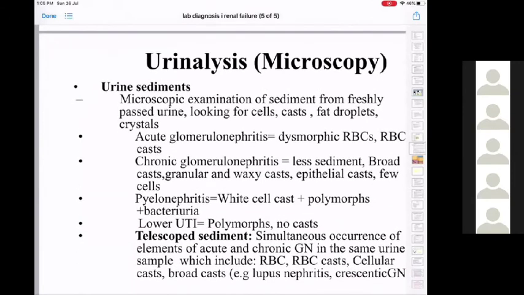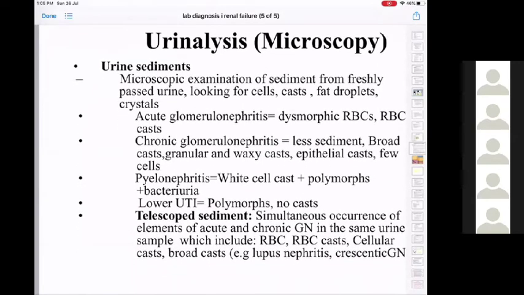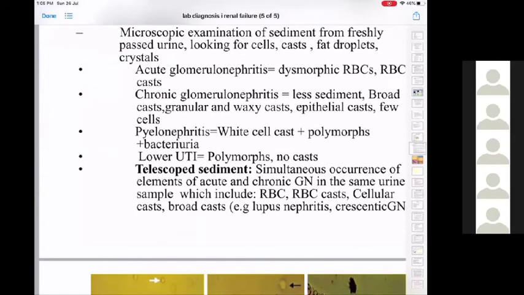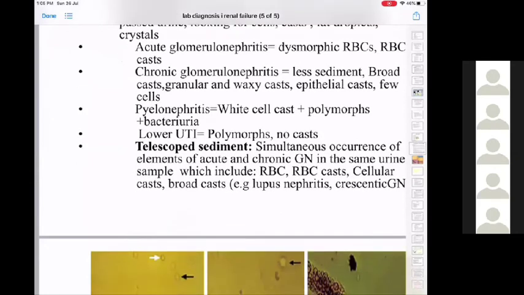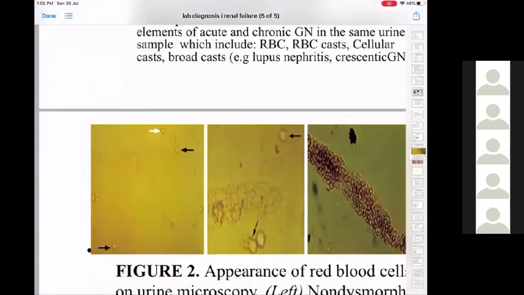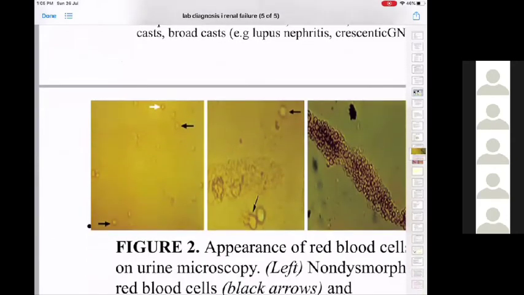Okay, now urine sediments in microscopy. Here you see, in the first picture there is RBC. This is the RBC, a round to oval cell, and there is no granularity present.